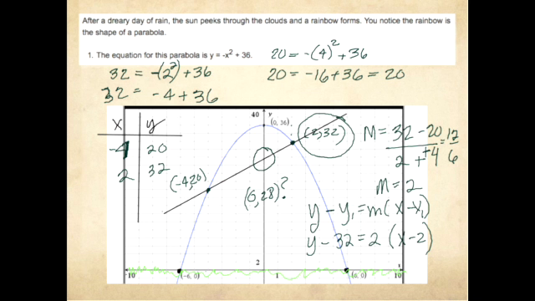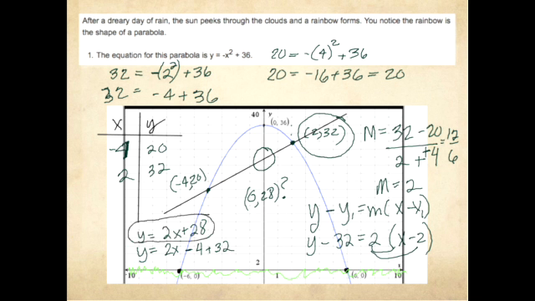I'll go ahead and simplify that. I'm going to distribute the 2 here, so that's 2x minus 4, and then I'm going to add the 32 to the other side. So I've got y equals 2x minus 4 plus 32.